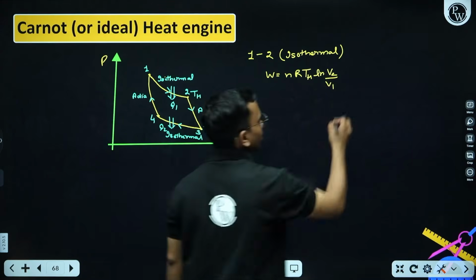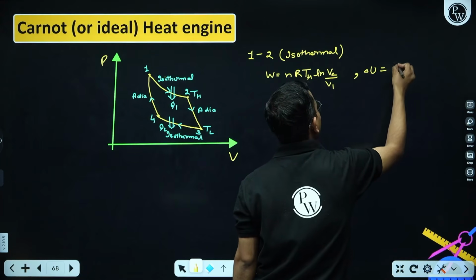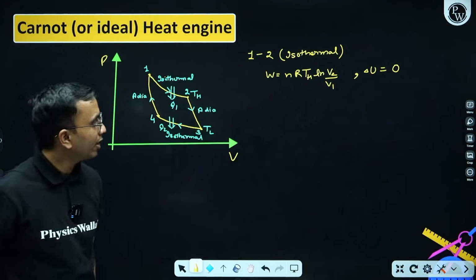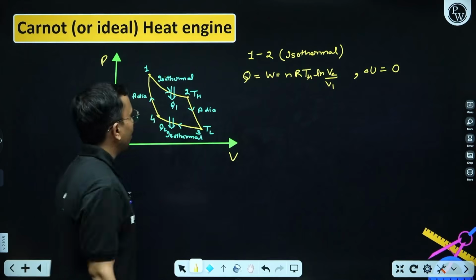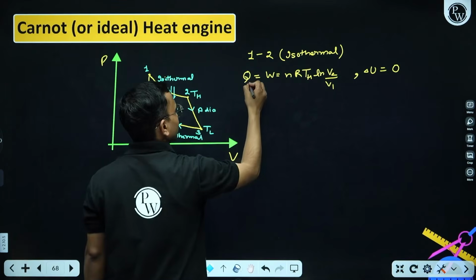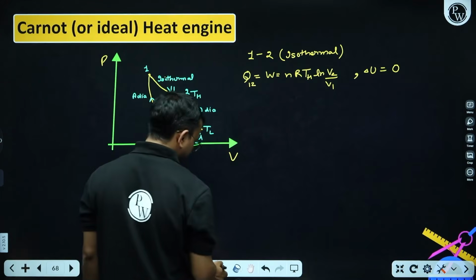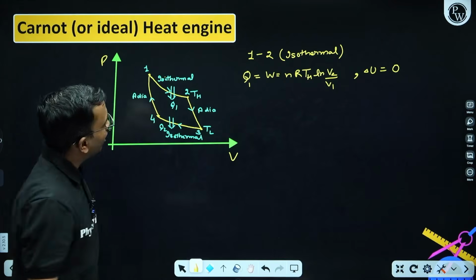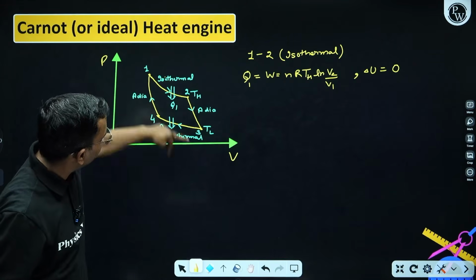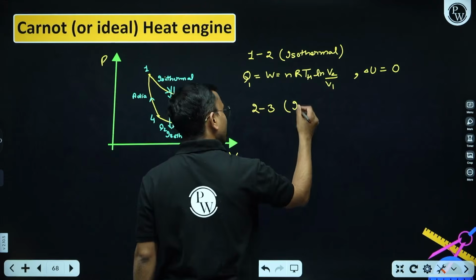What is delta U? Delta U is 0 because temperature is constant. And my Q is basically equal to W. Let us take this as Q12, and Q12 is basically my Q1. Now let us talk about 2 to 3. This is adiabatic.